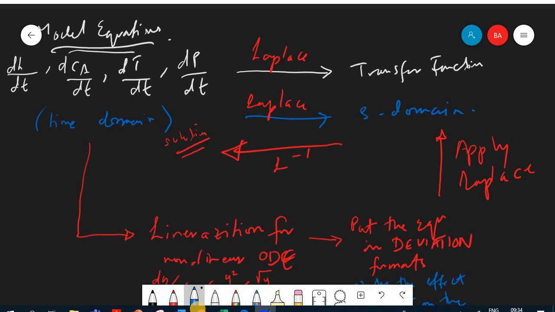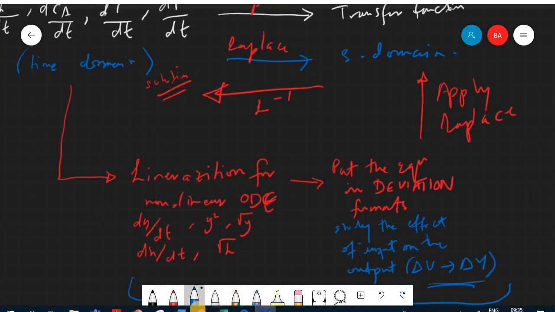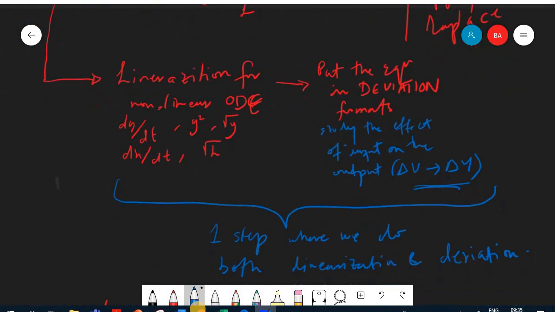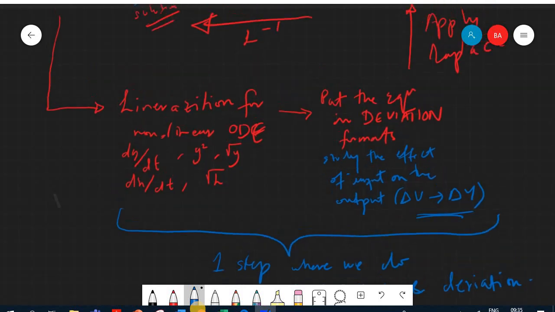So we want to have these model equations that we see at the left here. We want to take the Laplace to find transfer functions. However, we cannot do this directly. We need to have this in the time domain. Usually it is non-linear, and to make it linear, we need to do the linearization, where we can do this in two steps, linearization plus putting it in a deviation format, or we can do that in one step where we do both linearization and deviation.